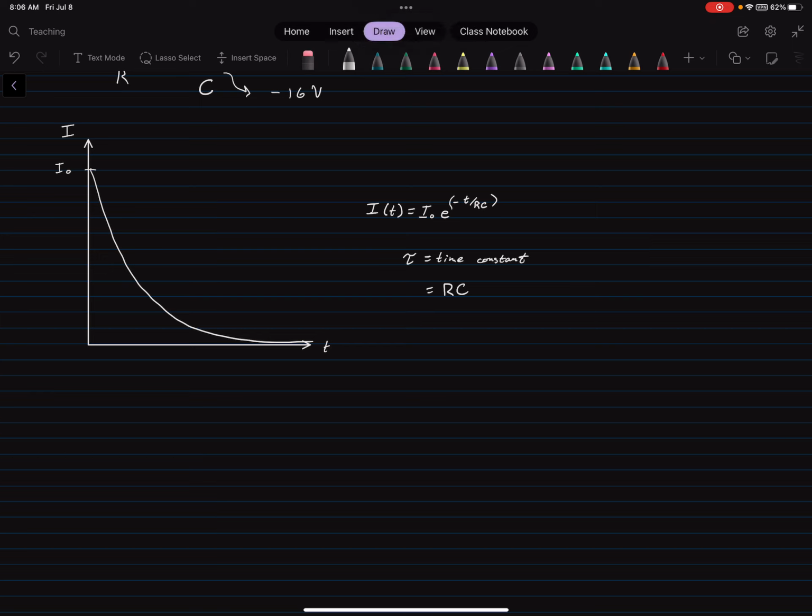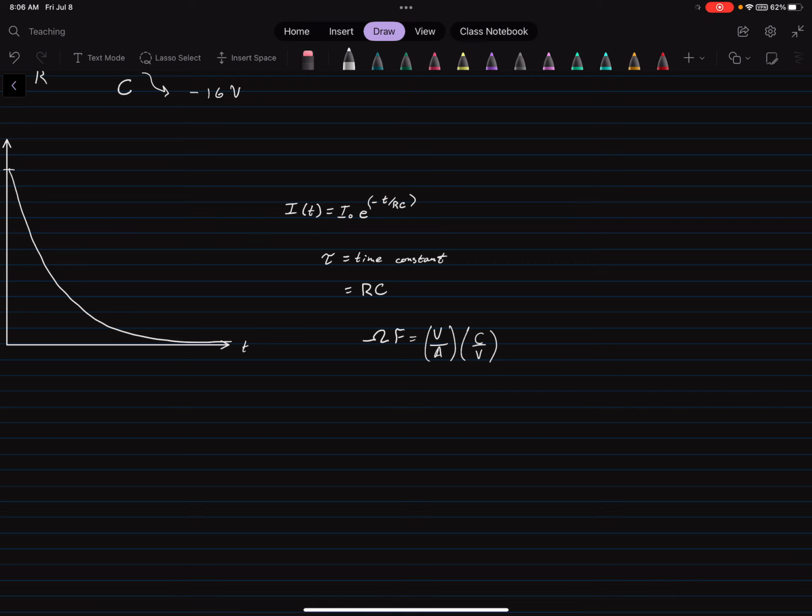And the reason that it's a time quantity is because if you take ohms for R times farads for capacitance, then you get V over A is ohms times C over V is farads. It's coulombs over volts, right?